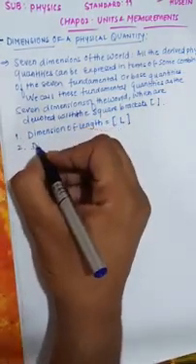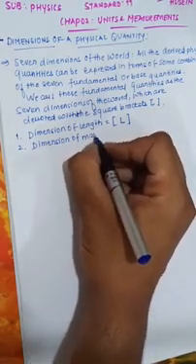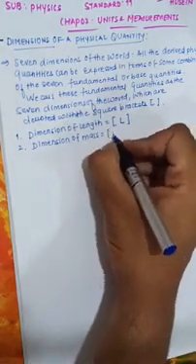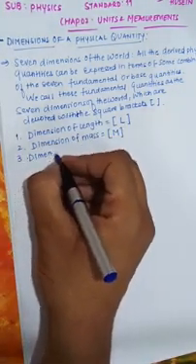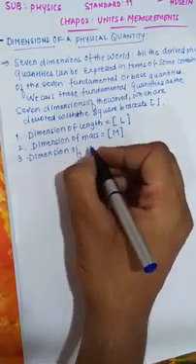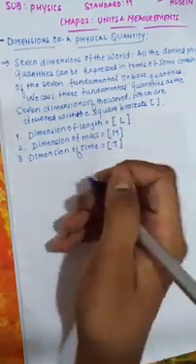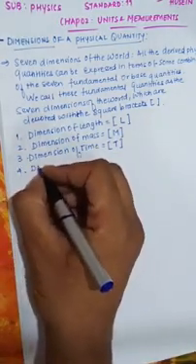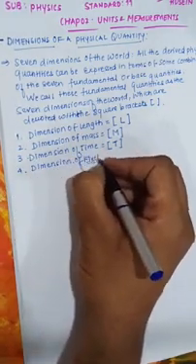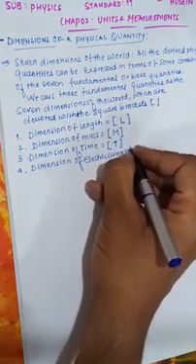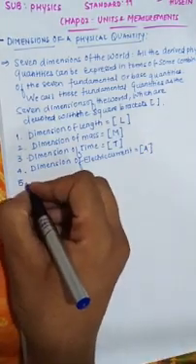Second, dimension of mass, that you are going to denote by the square bracket capital M. Third, dimension of time is given by square bracket capital T. Fourth quantity, dimension of electric current, that you are going to give by letter capital A, because it is named after a scientist.